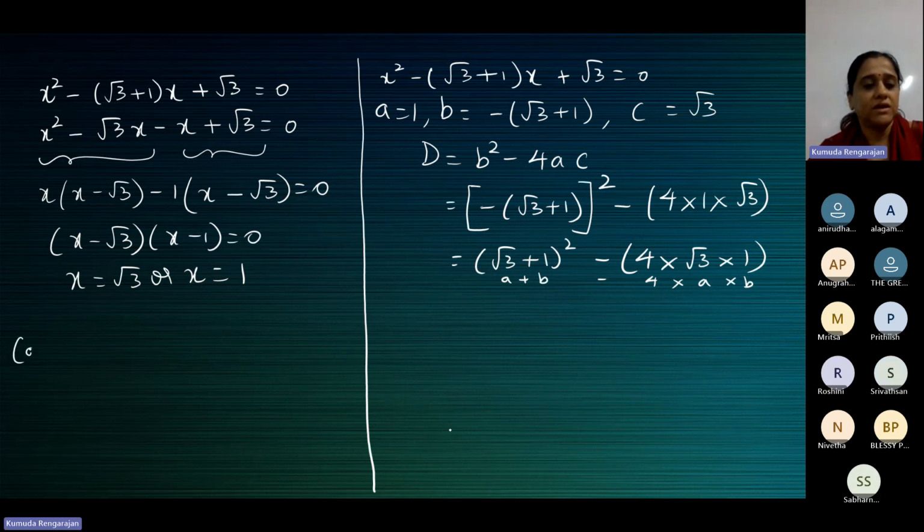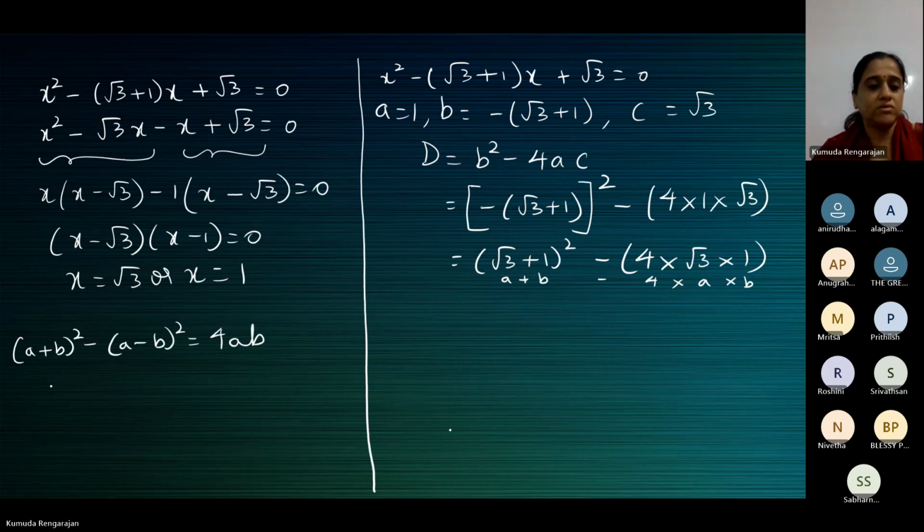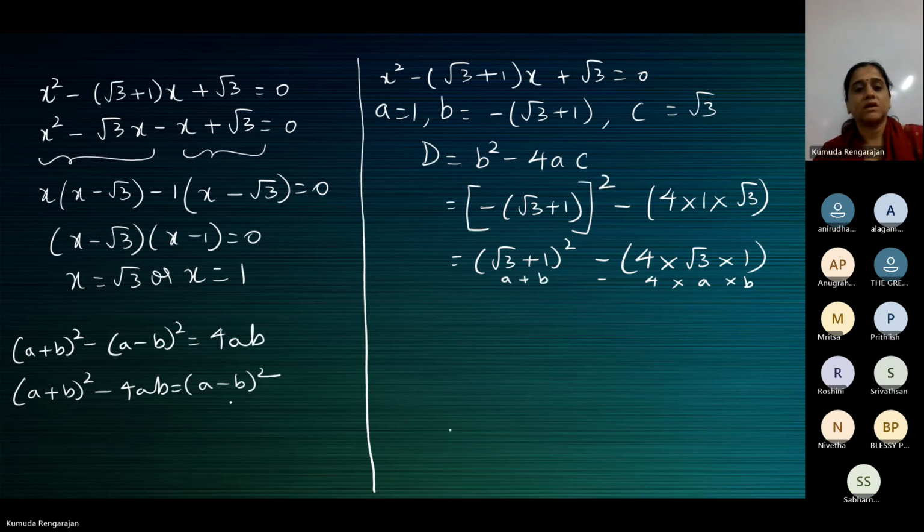What's the identity? A plus b the whole squared minus a minus b the whole squared is equal to 4ab. So a plus b the whole squared minus 4ab is equal to a minus b the whole squared. So root 3 minus 1 the whole square.